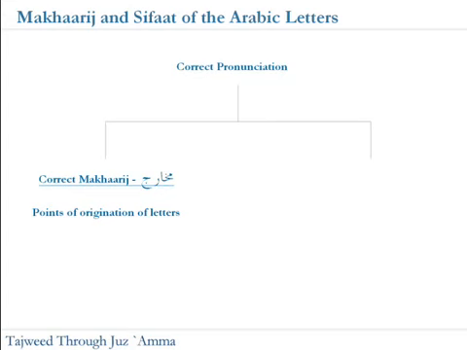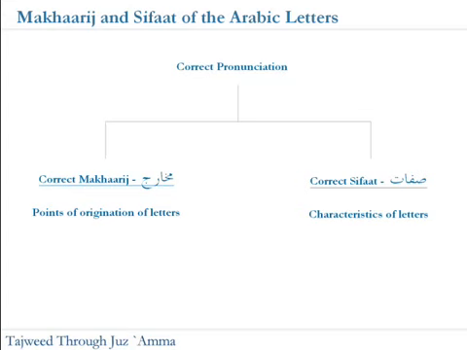And the letters in the Arabic alphabet are divided up according to whereabouts they originate from, and some letters originate from almost the same position or even the same position. And hand in hand with this, we have to learn something known as the sifat, which in English is known as the characteristics or the attributes of the letters.